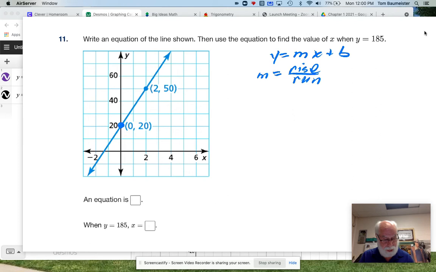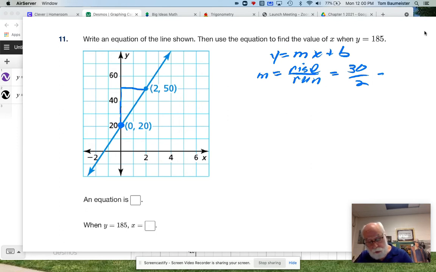Sometimes I can't. But if we look, I'm going to go up 10, 20, 30, and then I'm going to go over 1, 2 to get to the next point. So I just told you I went up 30, there's my rise, and then I went over 2, all right?